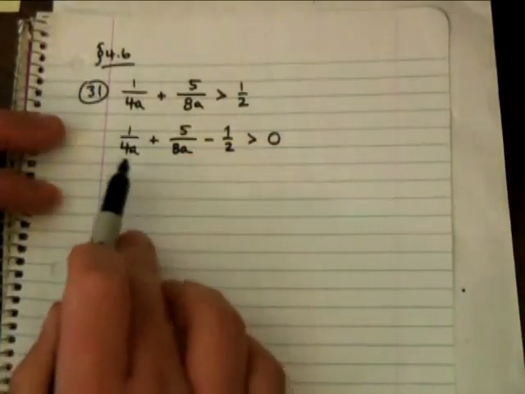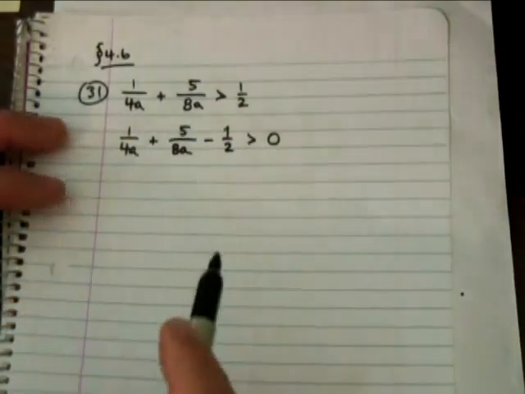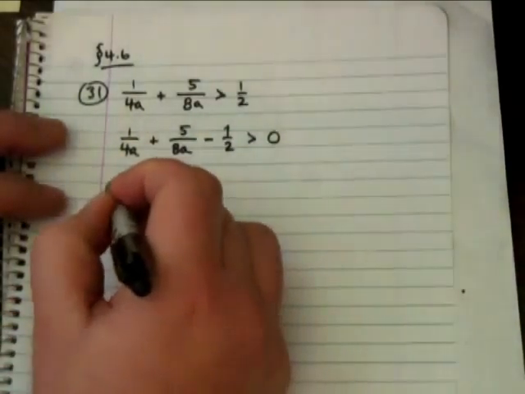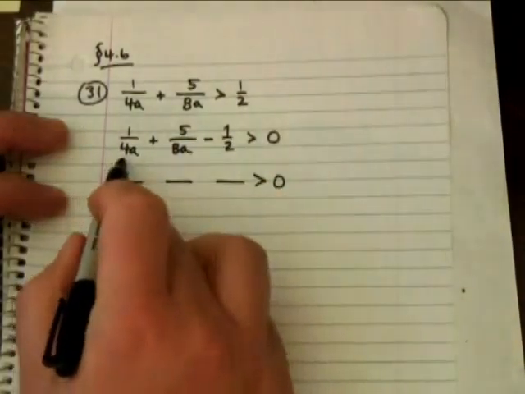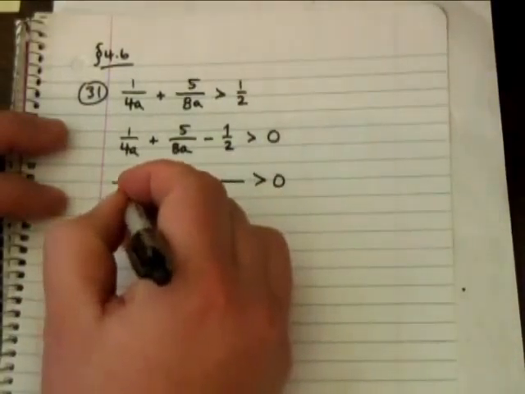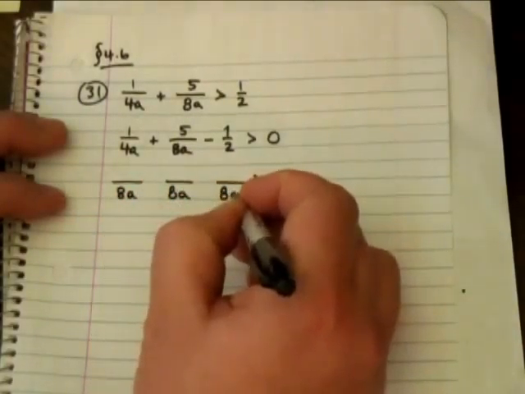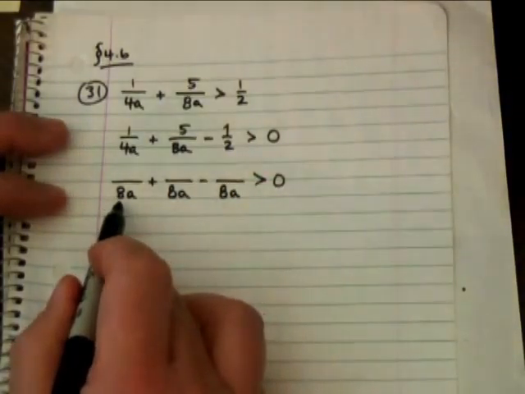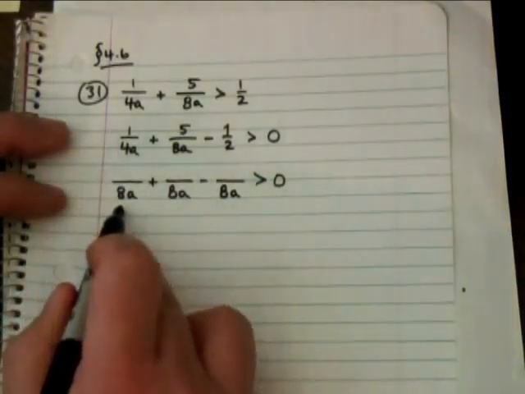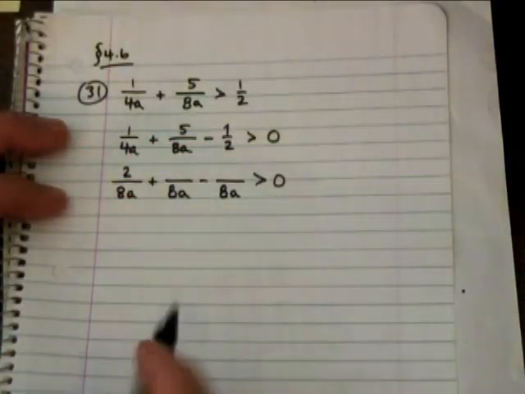But now, what I need to do is combine all of this into one big fraction. So I need a common denominator for all of these fractions. Well, the common denominator between these three fractions is 8a. So in this first fraction, I changed my denominator by multiplying by 2, so then I should multiply my numerator by 2 as well.